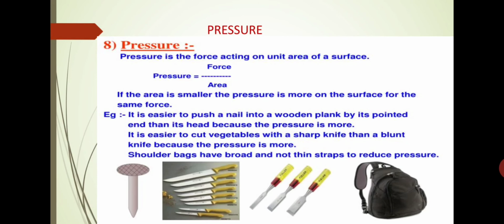See, an iron nail has two ends, one broad and the other very pointed. Which one goes into the wood block more easily? Obviously the sharp, pointed one goes into the wooden plank easily. Also, it is easier to cut vegetables with a sharp knife than a blunt knife because the pressure is more. Understand?